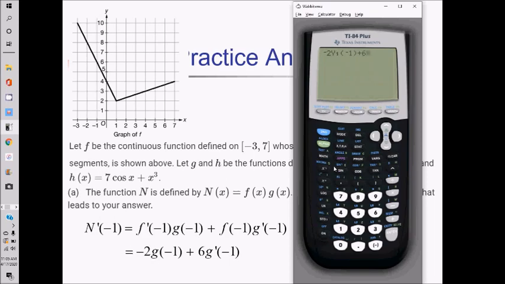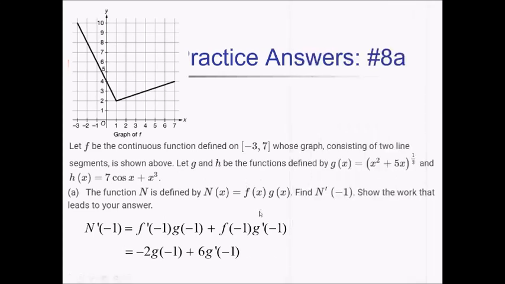So for that, I'm going to use my derivative function, math 8. So math, option 8. And then, let's see here, we've got d over dx. I'm taking the derivative of g, so I need y1 to go inside that parentheses. So alpha trace y1 again. And I'm plugging in negative 1 there. Press enter and hope for the best. Comes out to about 5.556.